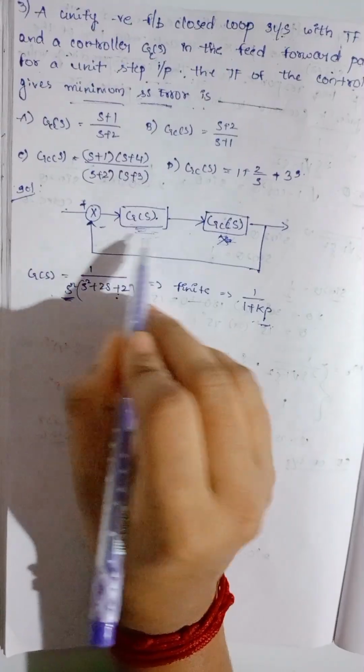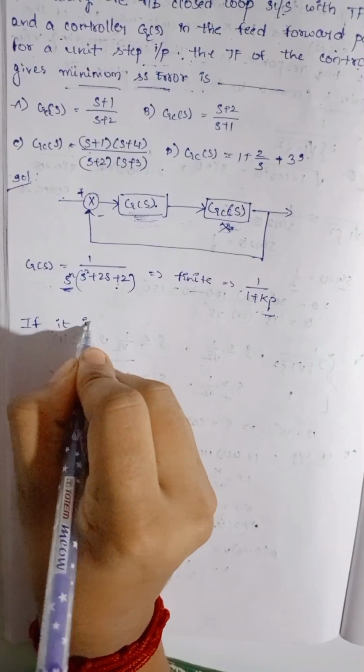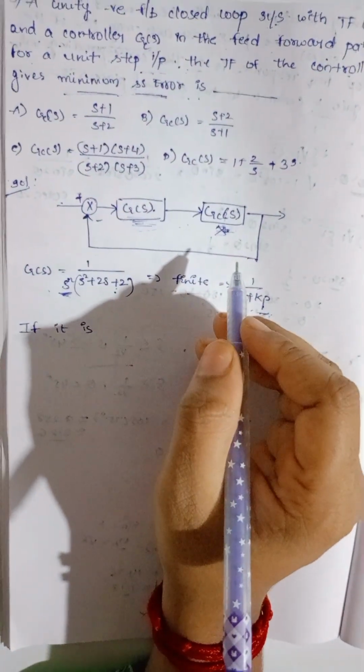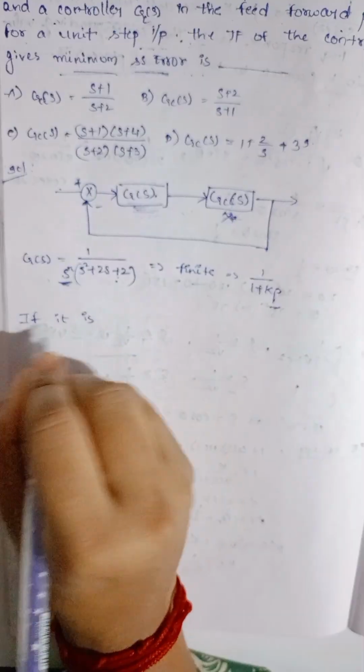For the actual forward path, gain is G(s) into Gc(s). Suppose if it is a type 1, as we got for type 0 minimum steady state error is 0, so let's check with type 1.